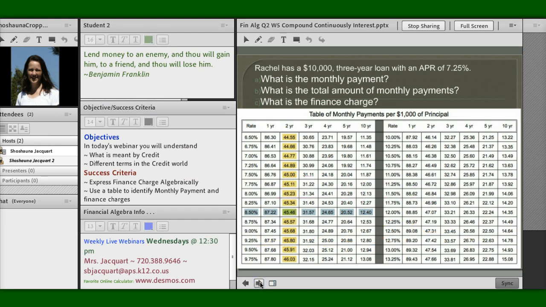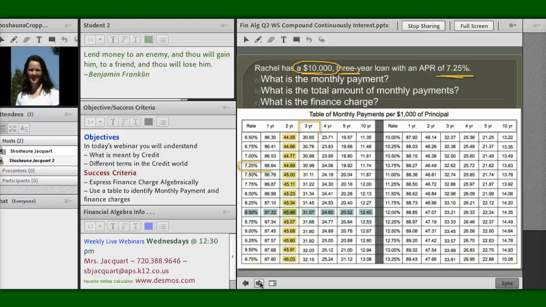Okay, so this is a chart that's in your homework, and I just want to go over it real quick so we can see a couple of things. Rachel has $10,000, a 3-year loan, and an APR of 7.75. So we're looking at this row. We're going to look at the 3-year loan, and we're looking at this column.